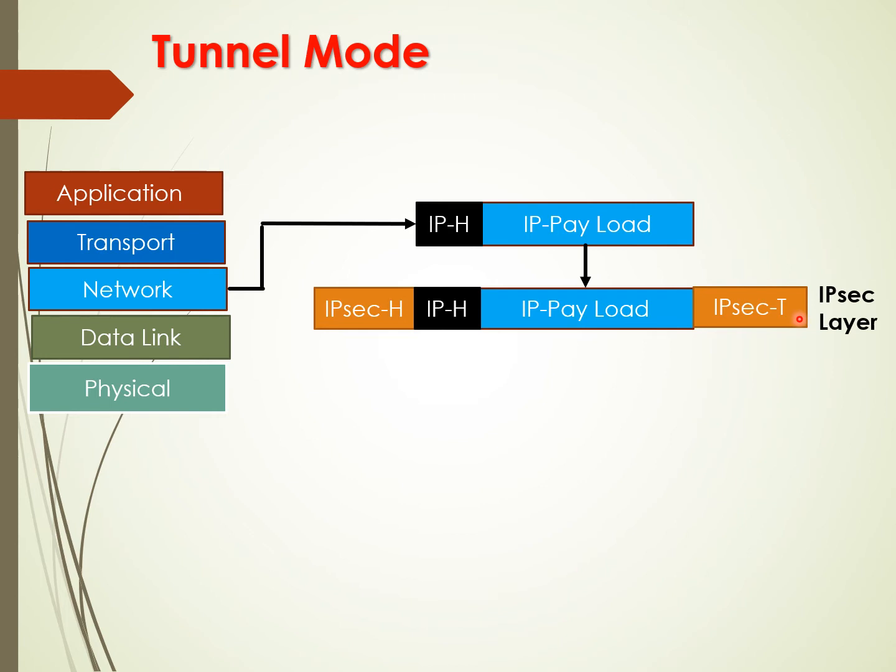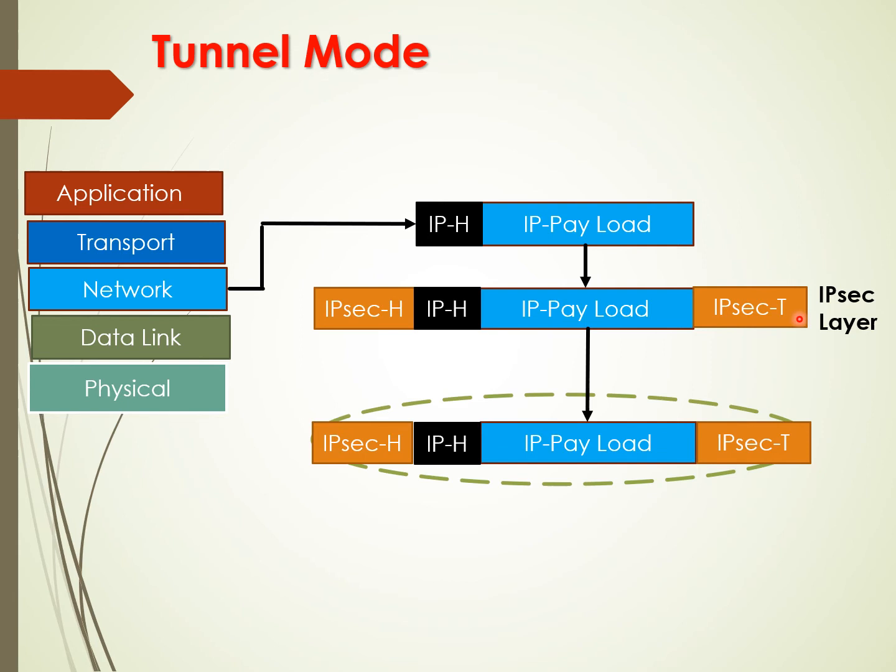We did a similar thing in the transport mode, where the IP security layer sits between the transport layer and the network layer. But here the IP security layer is inside the network layer. We are going to add two fields, the IP security header and the IP security trailer.